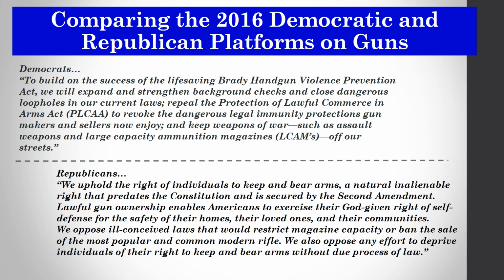We don't have to read this to you, but just to give you an idea of what the language looks like, and basically how the Democrats are much more in favor of limiting guns and putting much more restrictions in place in terms of purchasing guns, with background checks and limiting magazine size, etc. Whereas the Republicans basically see the right to bear arms as a natural right, as an inalienable right, and they do not typically favor limits. It says they would not restrict magazine capacity or ban semi-automatic rifles, etc.